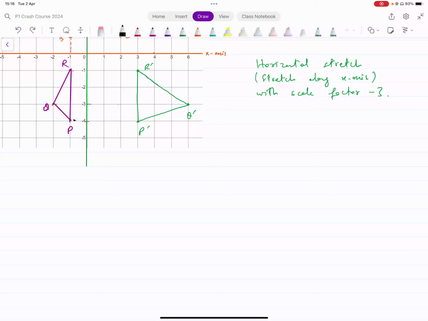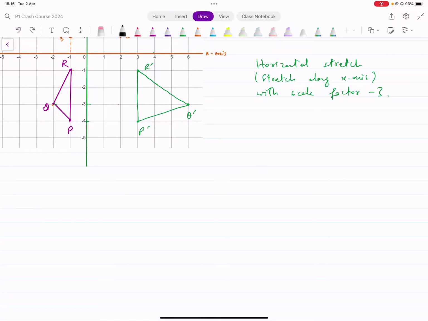Let's talk about point P, for instance. It was 1 unit. Now it's 3 units. So it should be multiplied by 3. But since it's on the other side of the y-axis now, we say the scale factor should be negative. So the scale factor is -3. Okay, so given a diagram like this, you should be able to figure out what transformation it is.